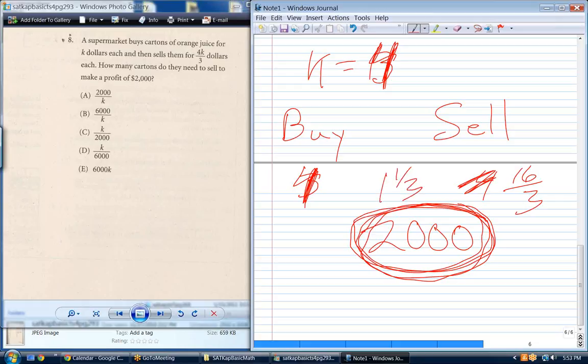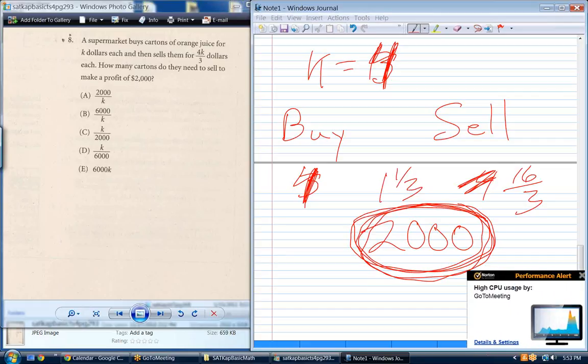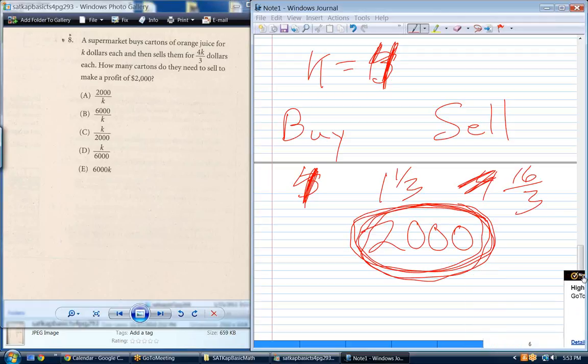And now how many cartons does it take to make $2,000? That's another hard math problem. So the art is in picking the numbers. The reason I picked a number like 3 was because I can tell that if I pick any multiple of 3 for K, it's going to divide out by that 3, and I'm going to have a whole number. So I'm going to be dealing with whole numbers, not fractional numbers.